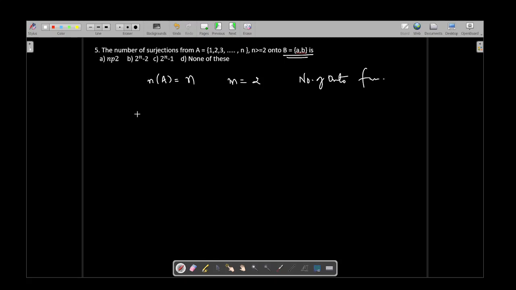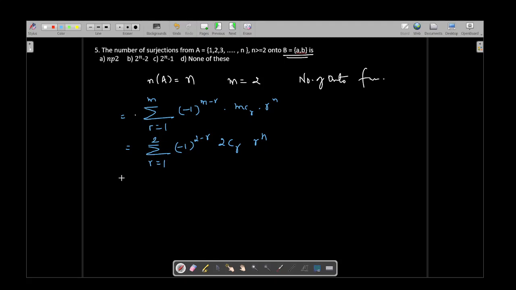You know that the formula is summation r is equal to 1 to m, minus 1 power m minus r, mCr into r power n. So we'll put the given terms. R is 1 to 2, minus 1 power 2 minus r, 2Cr and r power n.